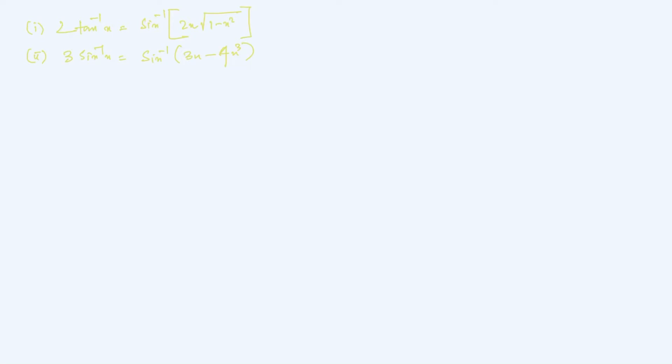The third problem is 2 cos inverse of x is equal to cos inverse of 2x square minus 1. The fourth is 3 cos inverse of x is equal to cos inverse of 4x cube minus 3x. The next problem is 3 tan inverse of x is equal to tan inverse of 2x under square root 1 minus x square.